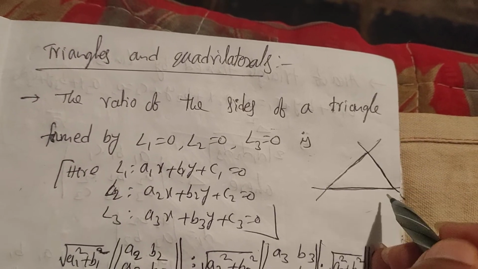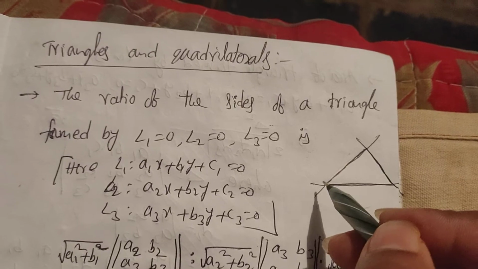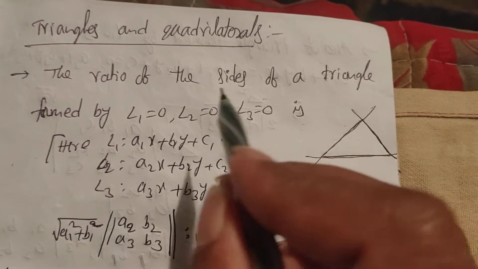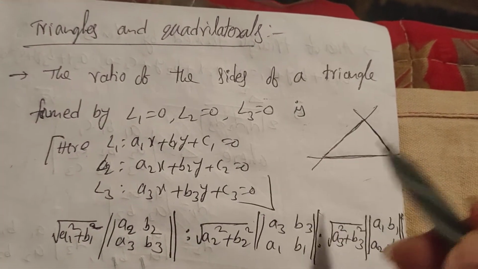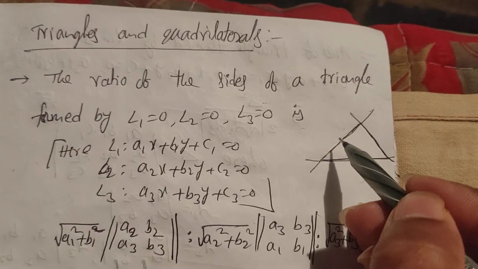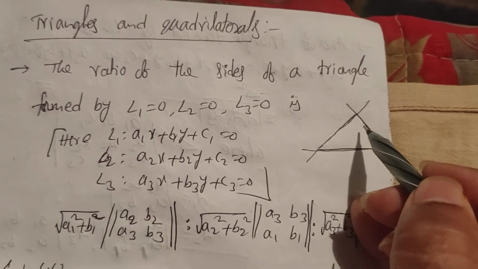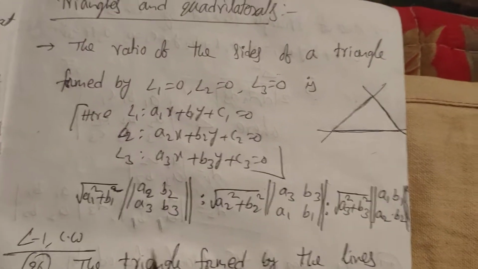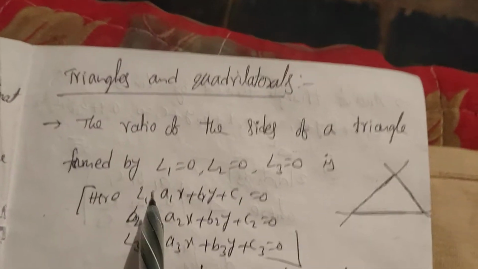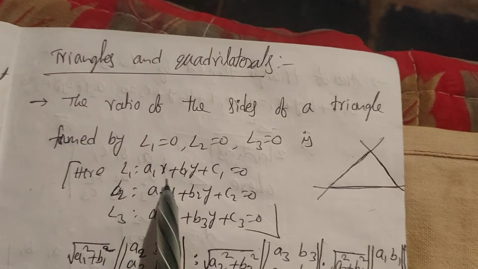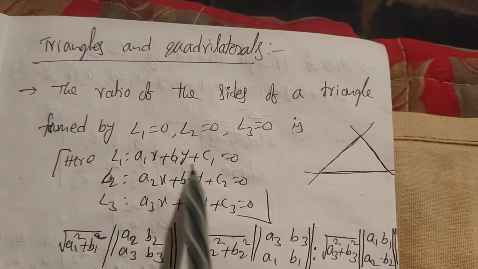If a triangle is formed by these three lines, then the ratio of the sides, meaning lengths, so first side length to second side length to third side length, is given by: the first side is formed by a1x plus b1y plus c1.